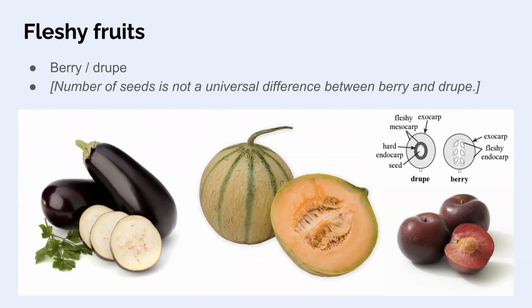So if you smashed it well, you'd be able to pull out a whole seed that looks just like an almond or something. And it's protected by the hard part, which is actually the hardest inner layer of the fruit, known as the endocarp, hard endocarp.